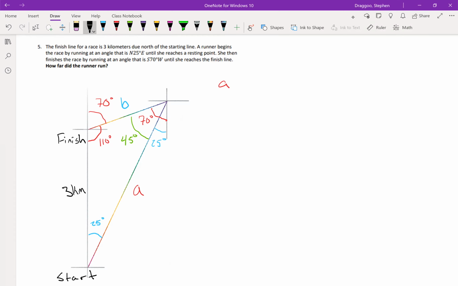So A divided by the sine of its interior angle, which is 110 degrees, is equal to 3 divided by the sine of its interior and corresponding angle, which is 45 degrees. So A works out to 3 times the sine of 110 over the sine of 45.